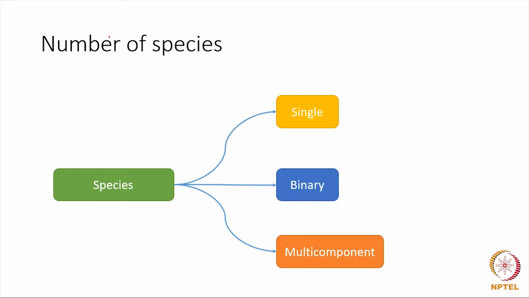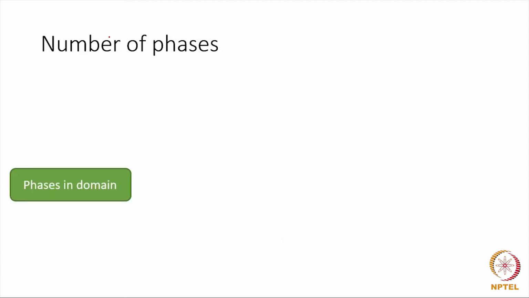If you have only one species that is dominant, playing a role in the mass transport, then a single species equation should be sufficient. If you have a binary, then there are 2 species playing a role, and a coupling between them would be very important. And very often in a real life situation, you have a multi-component domain, with multiple species participating.